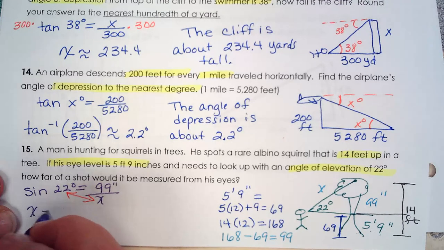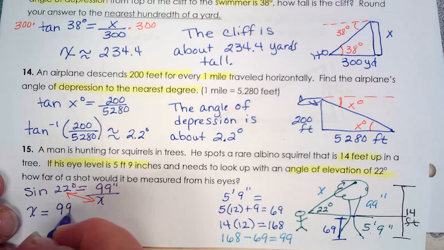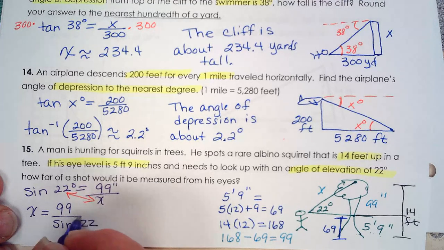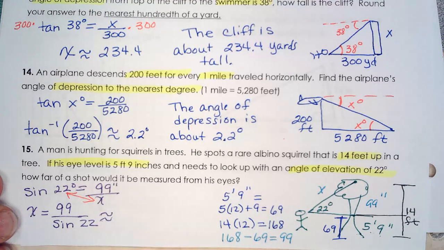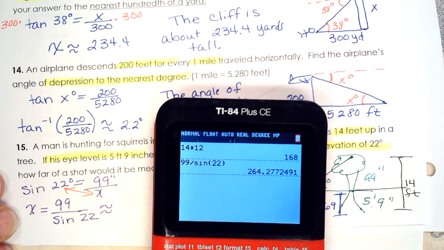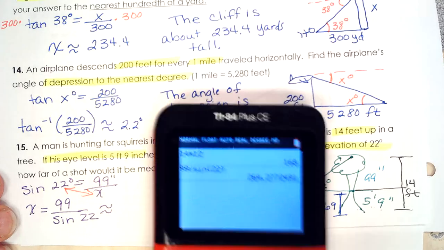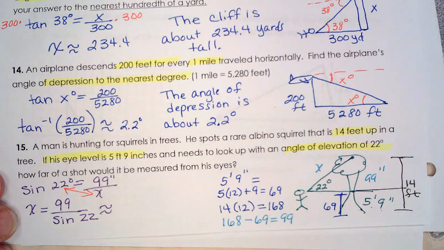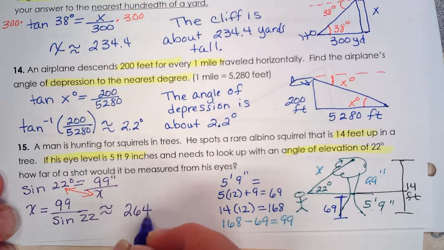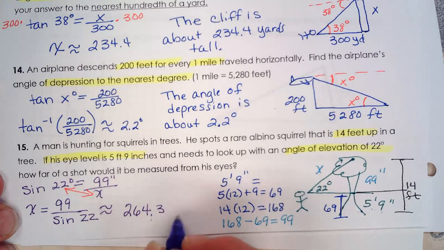So x is equal to 99 divided by the sine of 22. And this will be an approximation again. 264.3, and that will be inches.